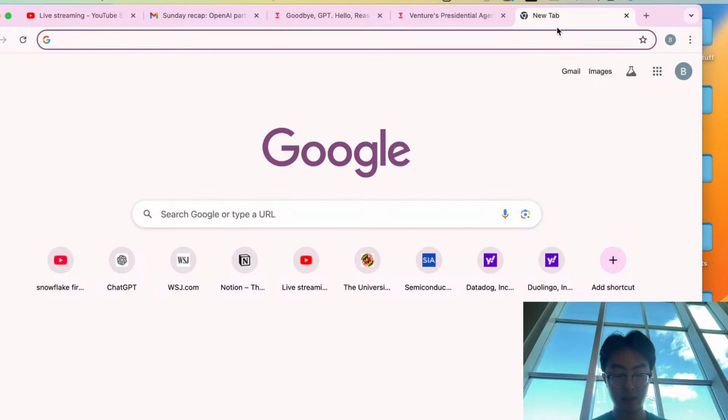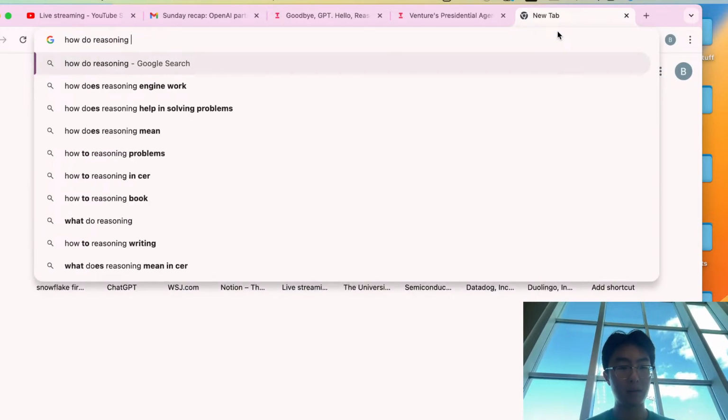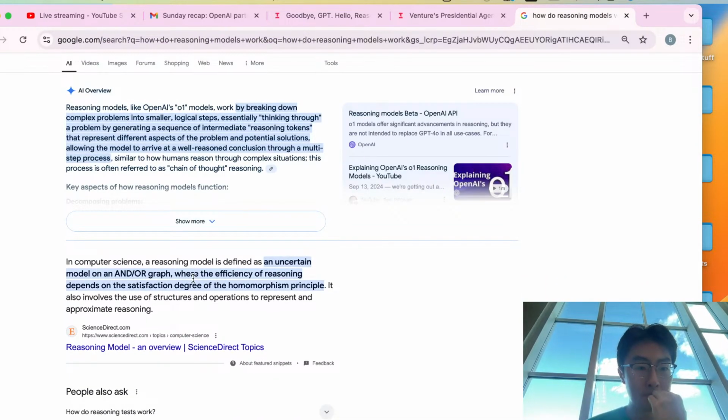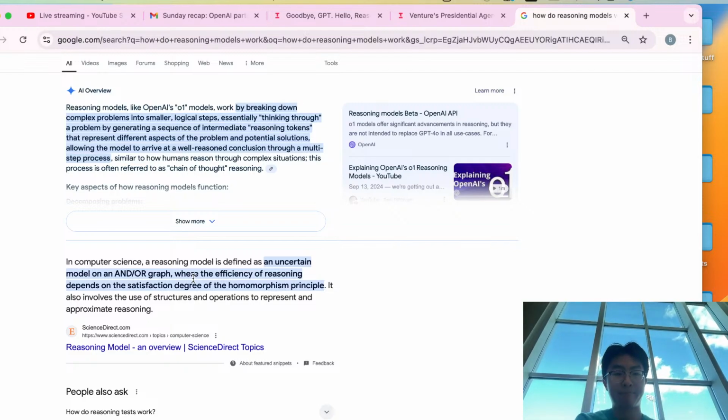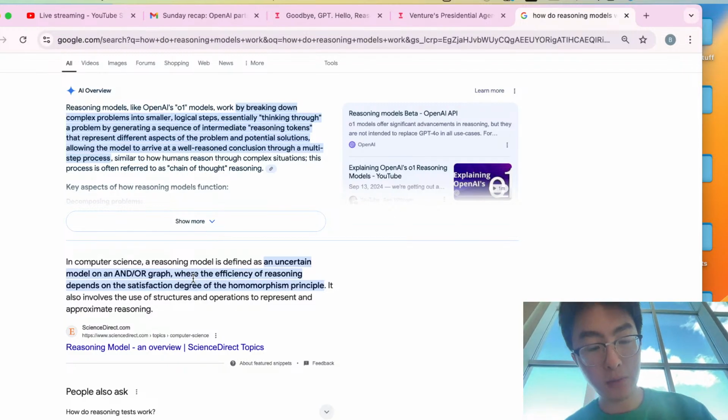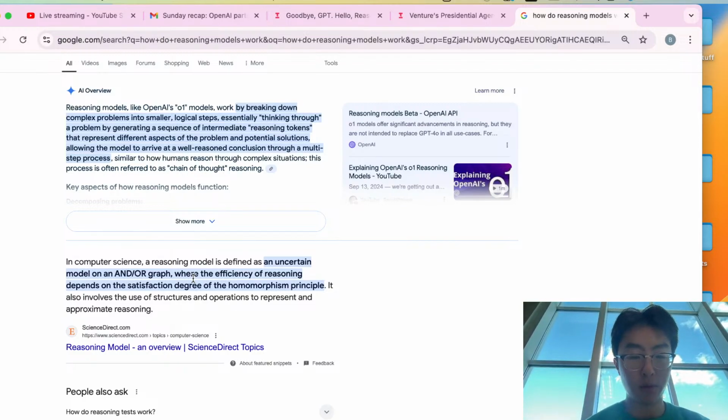But let's think about how reasoning models work, exceeding human PhD level accuracy on a benchmark of physics, biology, and chemistry problems.